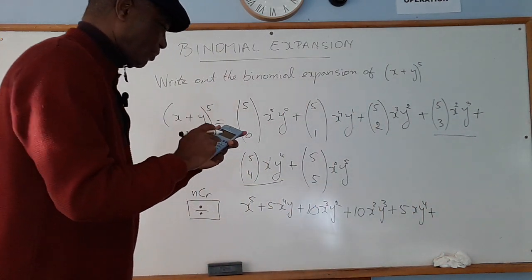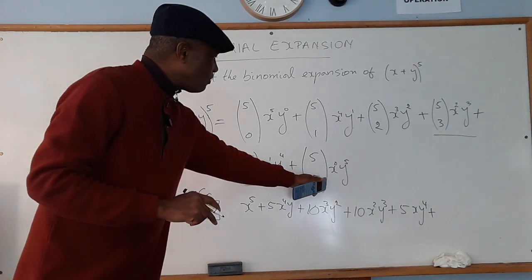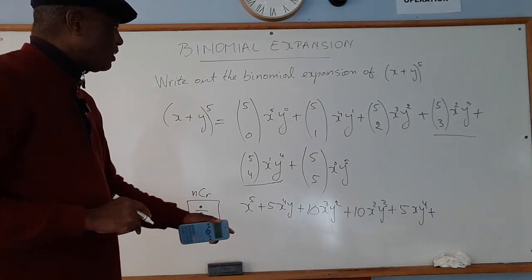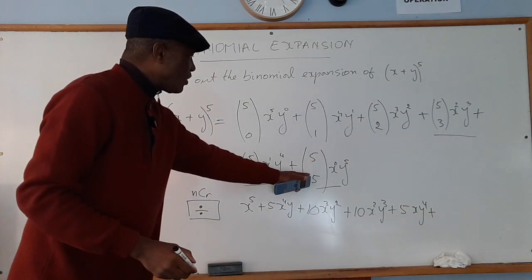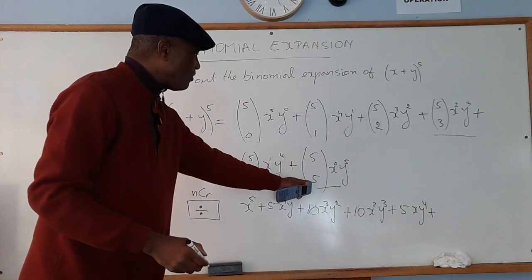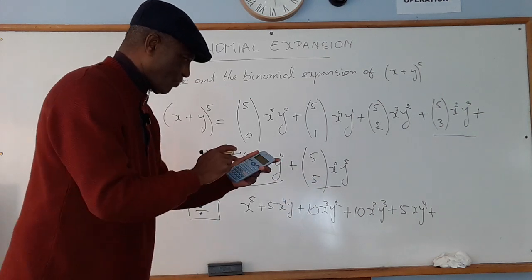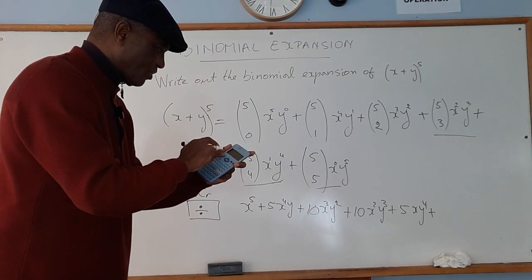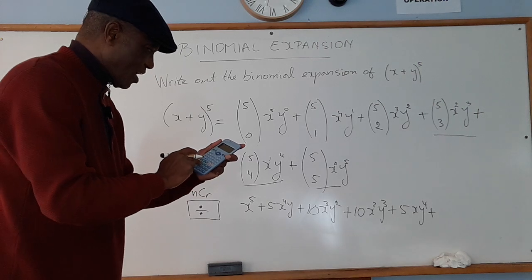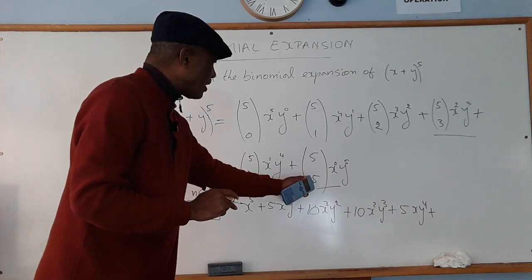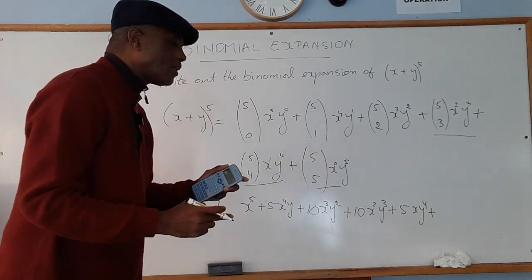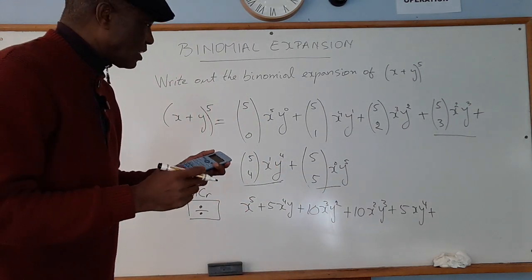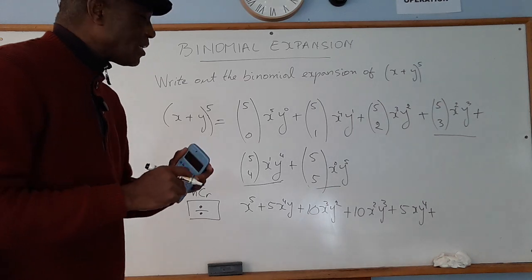And then the last one that we have there, the last term. If you enter 5, shift, press the button, 5, this will give me 1. So this will give 1. And the power of x is 0.